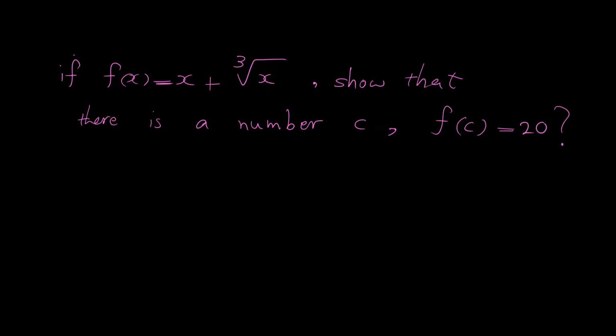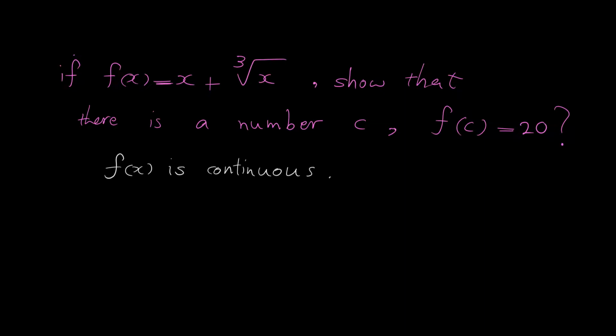Here, the difference between this question and the previous question is that f of x is directly given to you, but you have to mention that the function is continuous. The function is x plus cube root of x, and this function is always continuous for every value of x. But it is good to mention it. f of x is continuous.